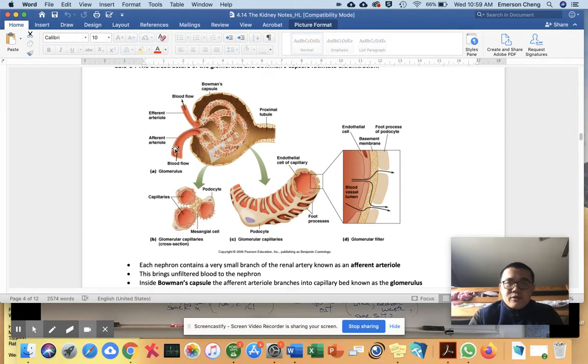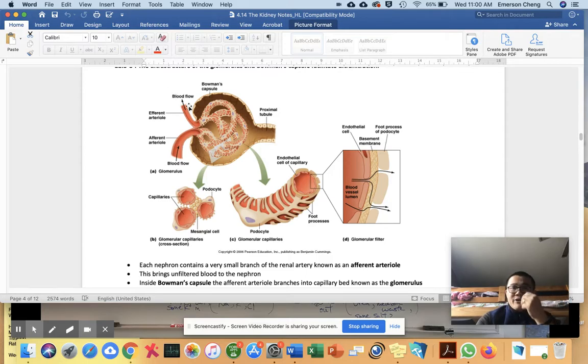The incoming afferent one is much wider than the efferent one, which is narrow. Imagine a 4-lane highway worth of blood going into this glomerulus area, but at the end, you only have a 1-lane road exiting. 4-lane highway going in, 1 lane going out.